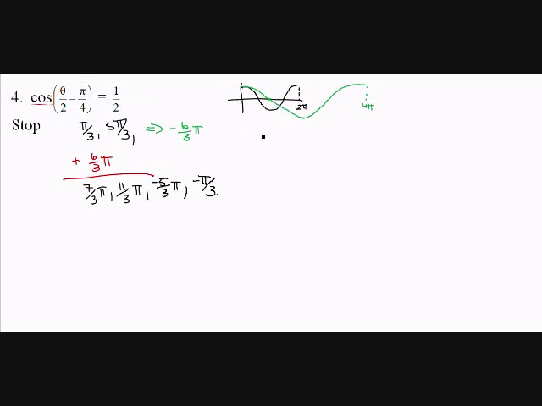So we now have theta over 2 minus pi over 4 is equal to pi thirds, 5 pi thirds, which is probably no good, 7 pi thirds, 11 thirds pi, negative 5 thirds pi, and negative pi over 3.